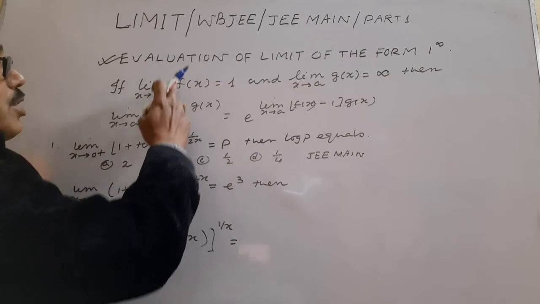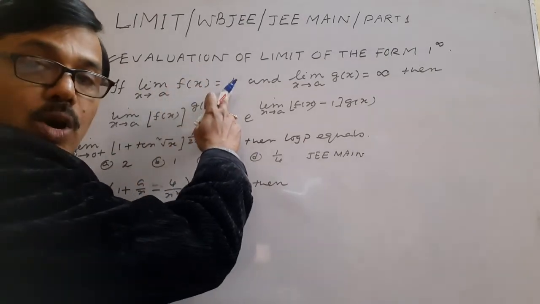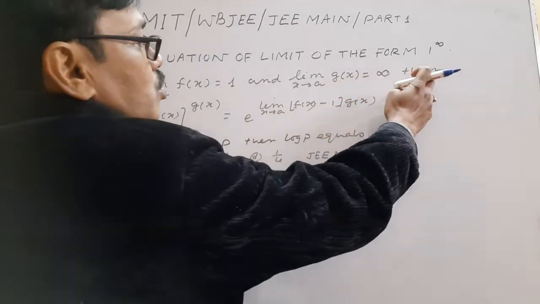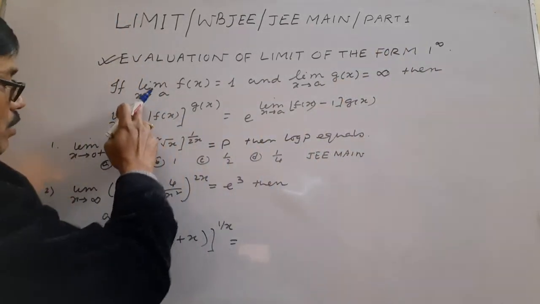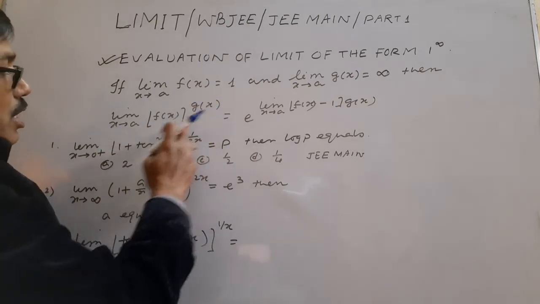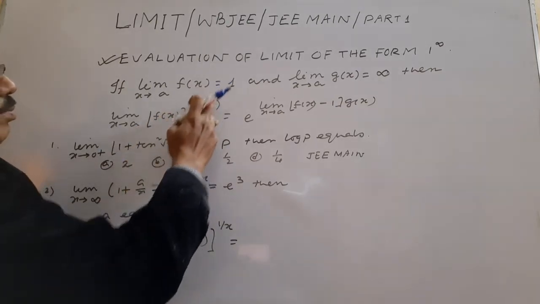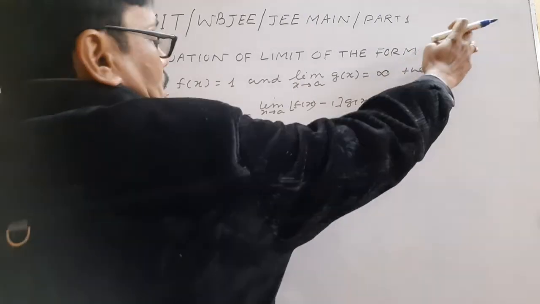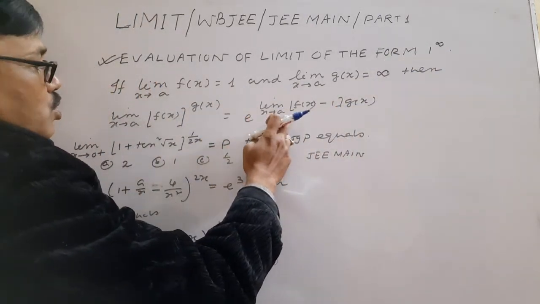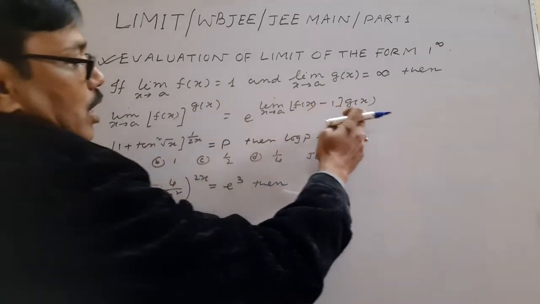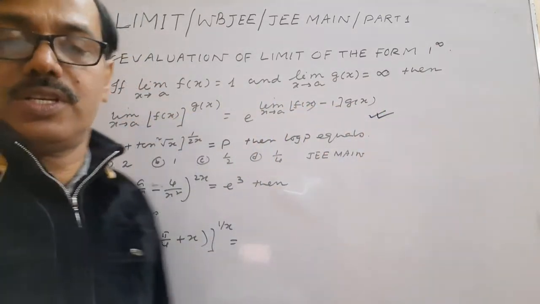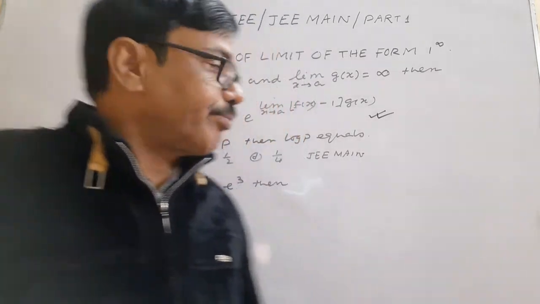If limit x tends to a, f(x) equals 1 and limit x tends to a, g(x) equals infinity, then limit x tends to a, [f(x)] to the power g(x), so this is 1, this is infinity, 1 to the power infinity equals e to the power limit x tends to a, (f(x) minus 1) into g(x). So this is our theory.